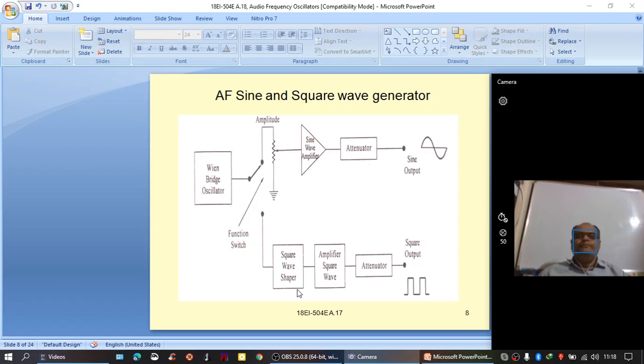That square wave signal is amplified using a square wave amplifier and attenuated using an attenuator. As I told already, this attenuator is used for the purpose of selecting the range of the amplitude. And here the output is a variable frequency, variable amplitude square wave.